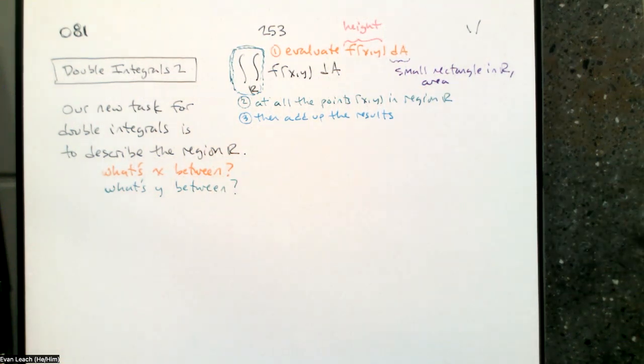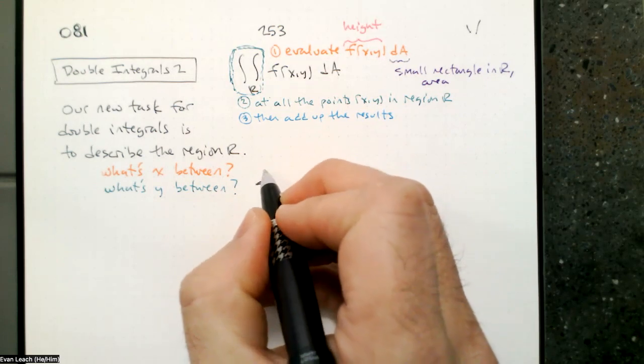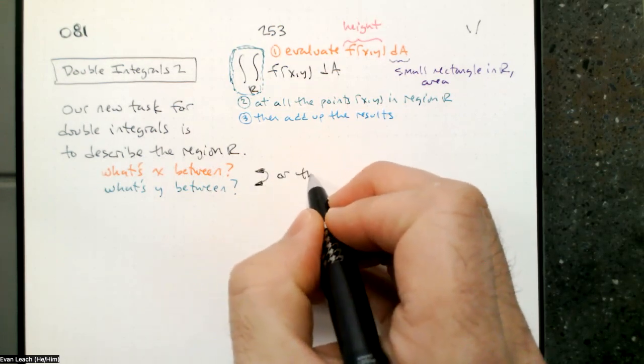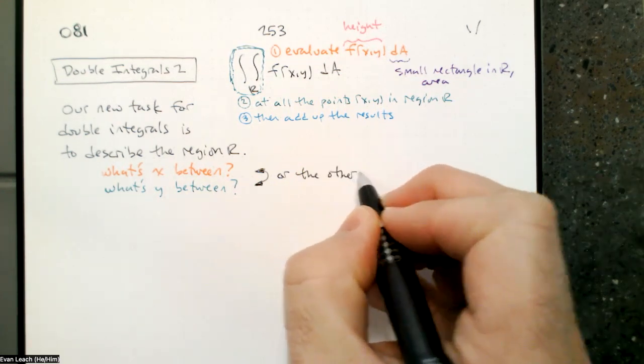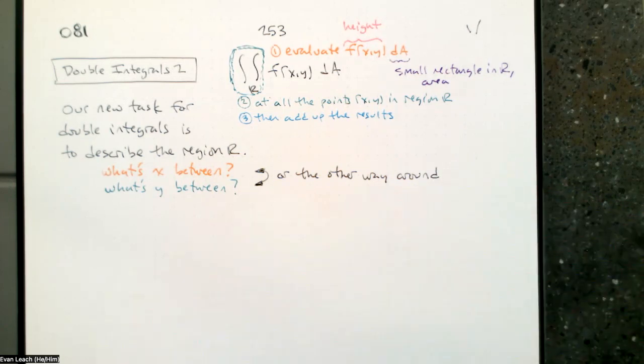Or we're going to do this in the other order if that's convenient for us. We might start by saying what's y between, then finish by saying what's x between.